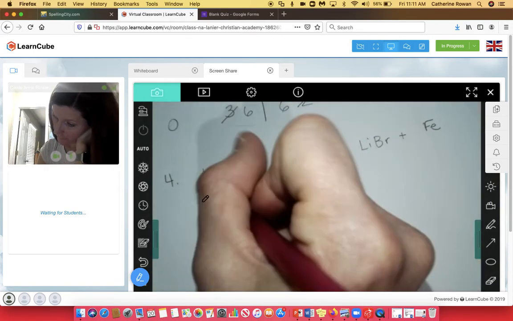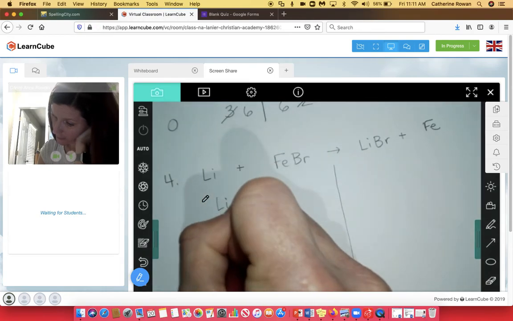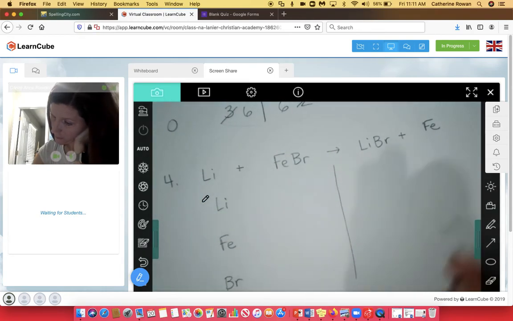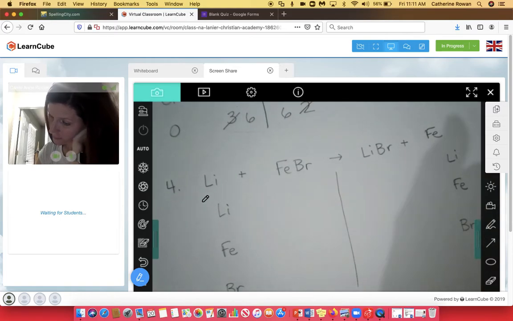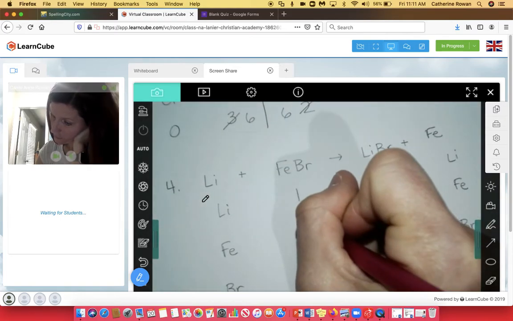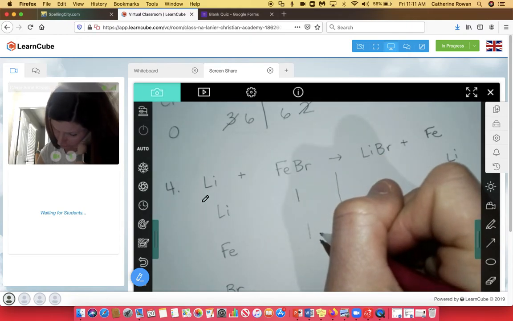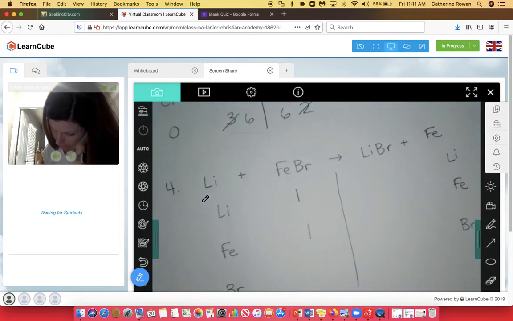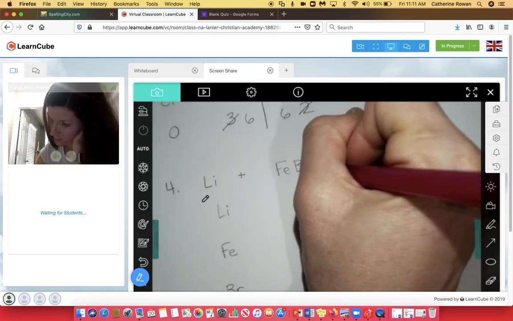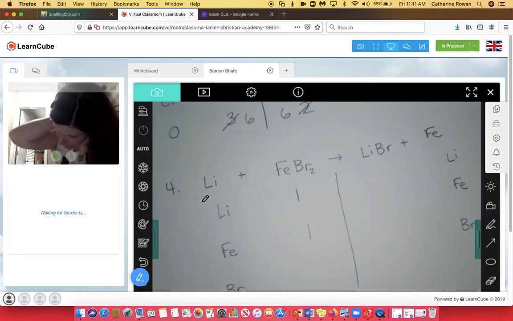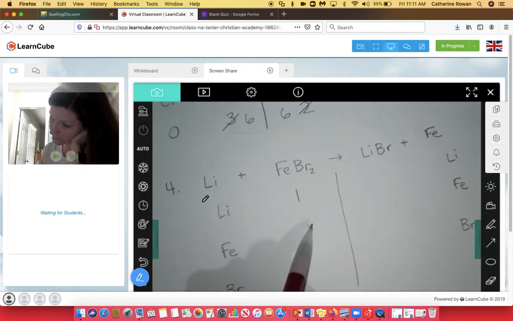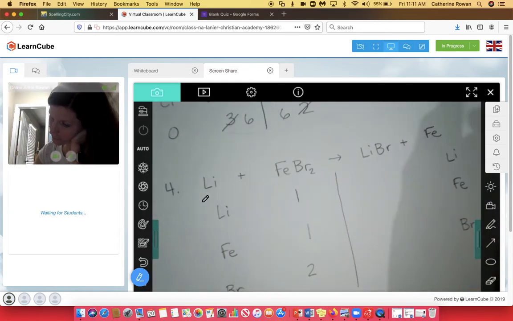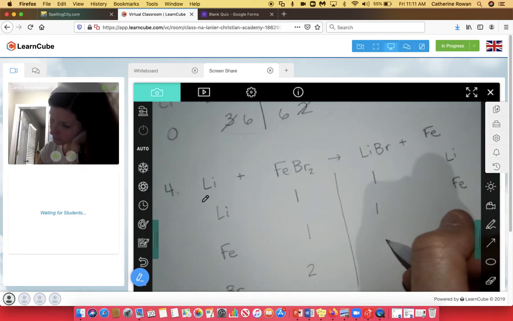We have lithium, iron, and bromine. Lithium, iron, and bromine. Oops, I incorrectly wrote that down. Let's go back and make sure I correctly. Oh, it's FeBr2. And the rest is right. Okay, so I have 1 lithium, 1 iron, and 2 bromine. Over here, I have 1 lithium, 1 iron, 1 bromine.